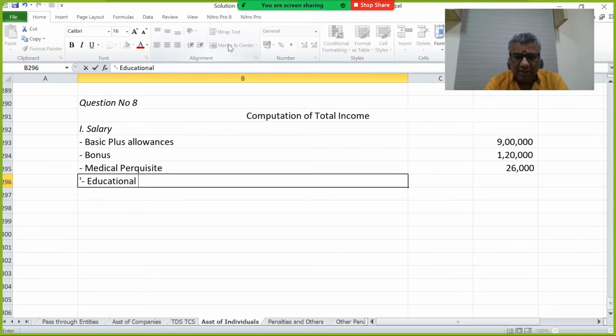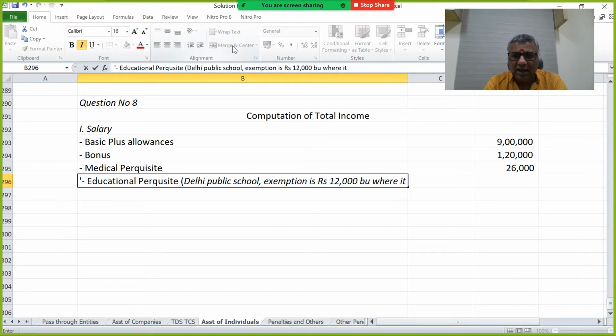Okay, educational perquisite. It's not an allowance, it's a perquisite. Okay, Delhi Public School. Okay, what I am saying is the exemption is rupees 12,000 per month.